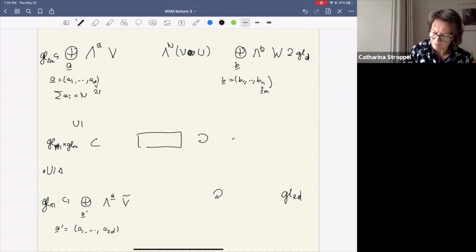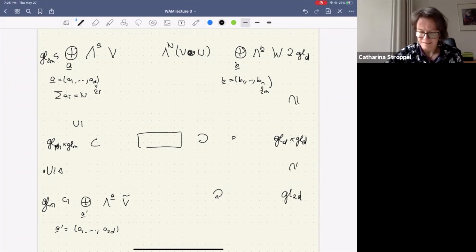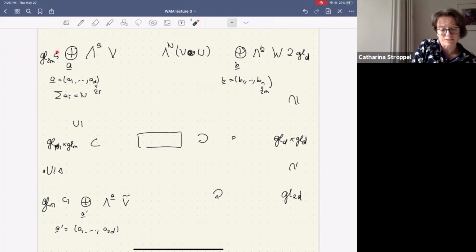And you have the action of GLD times GLD. So let me summarize. So I have on the one hand side GL2M. I can restrict to GLM sitting inside GL2M. In between is GLM times GLM.